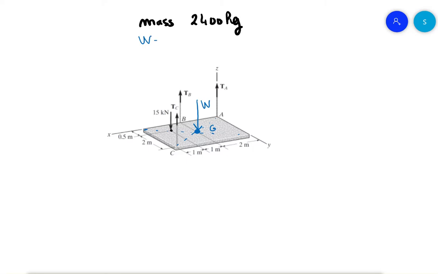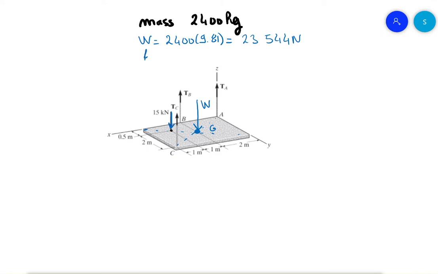The weight is equal to 2,400 times 9.81. That's 23,544 Newton. Okay, and we have a load there of 15 kilonewton.